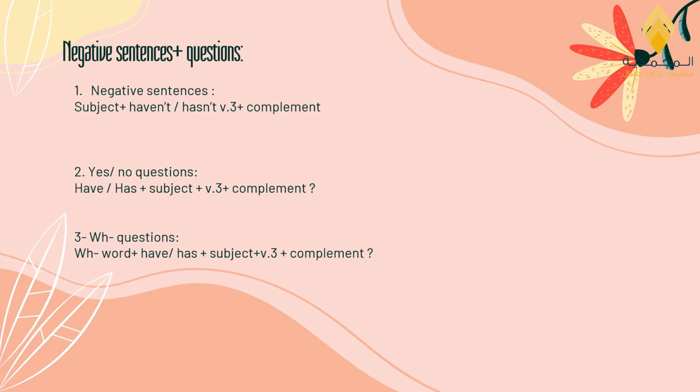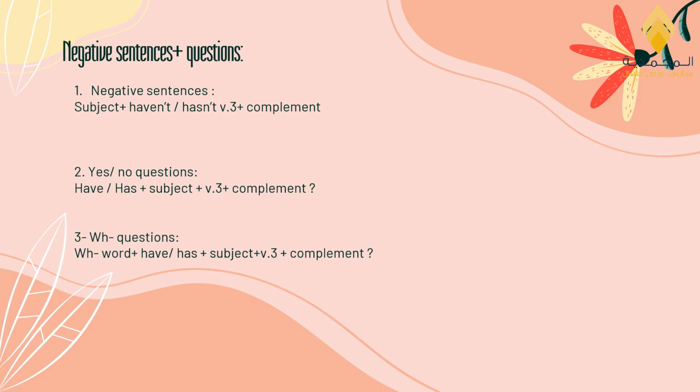Moving to the other type of questions, which is the WH questions. The WH questions are the questions where I am going to use the WH words, which are who, when, where, what, which, and so on.